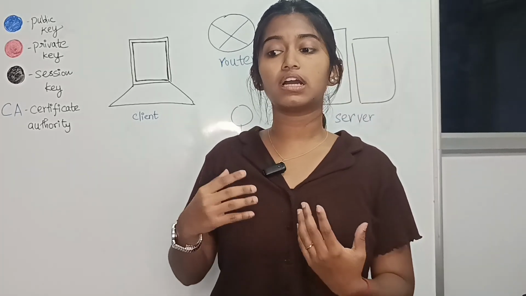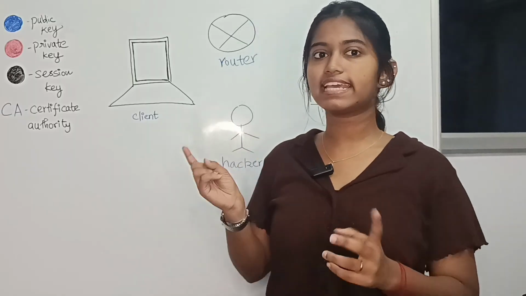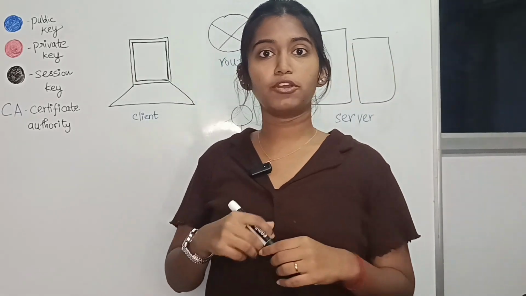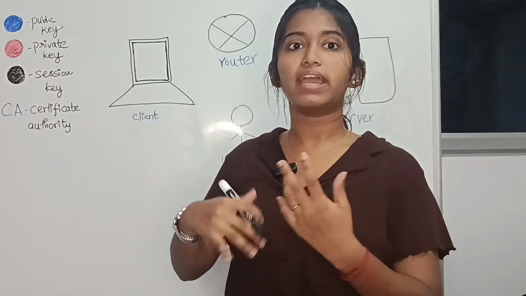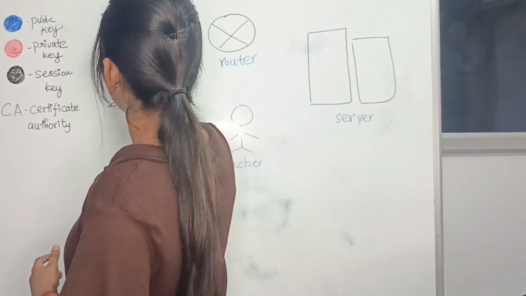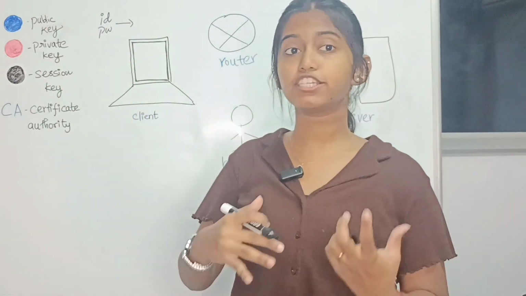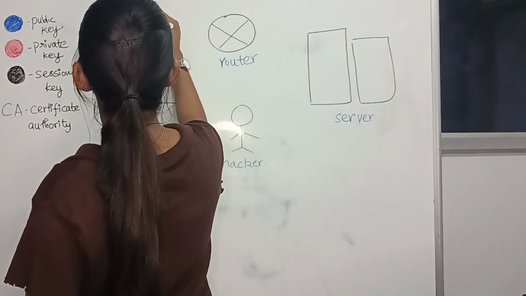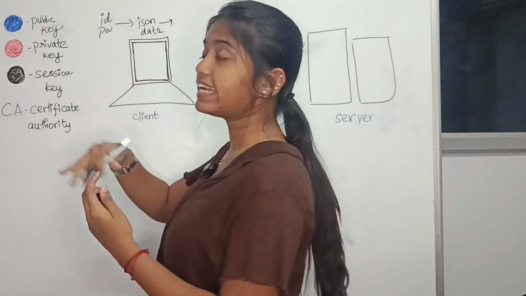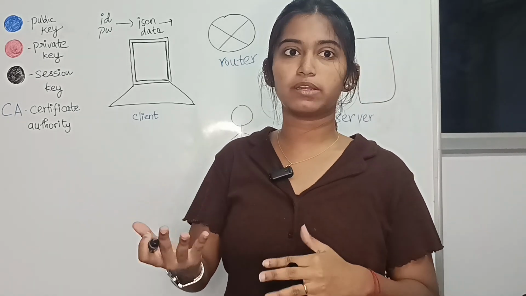When you're logging into Instagram or Facebook, let's see how it works. So you type your ID and password and you enter, right? The ID and the password are compressed into JSON data, and then it is converted into machine readable data, which is zeros and ones.